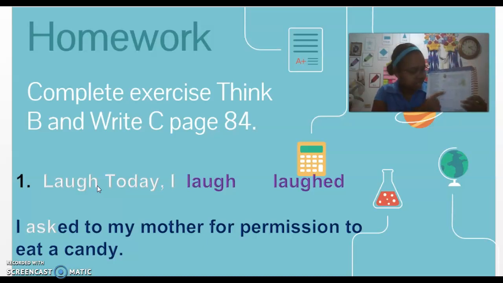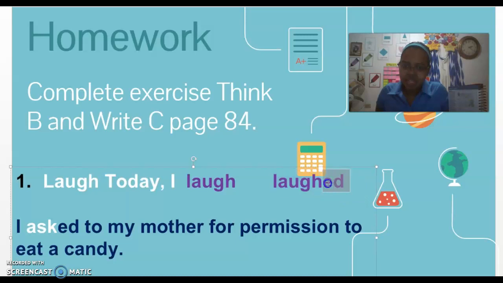First, the verb in present and then the verb in past, like here. Laugh. And here you have today I laugh. This one is in present. And laughed with ed, it's in past. Here I have ed at the end, so it's in past.